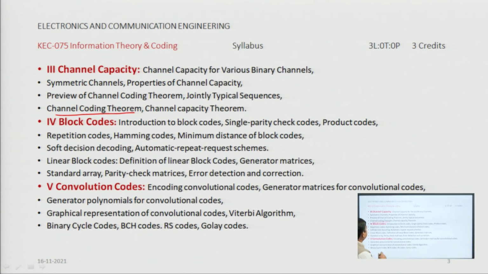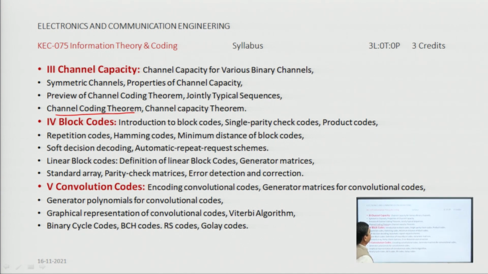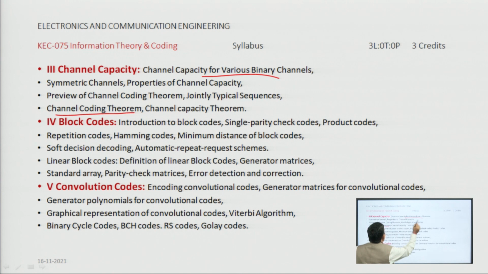Here we will discuss these topics: channel capacity for various binary channels, properties of channel capacity, the channel coding theorem and the channel capacity theorem. In the fourth unit we will cover block codes, and in the fifth, convolutional codes. These come under coding theory. These are the channel codes which are used to correct the errors occurring in the channel.